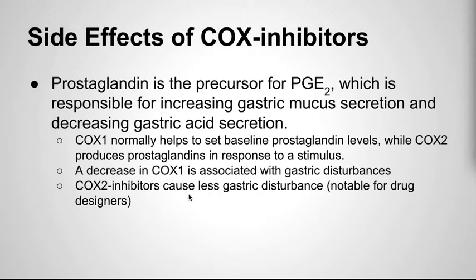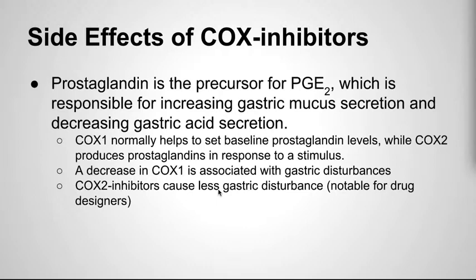So COX-1, you'll remember COX-1, which has the smaller binding site, normally helps to set baseline prostaglandin levels, while COX-2 produces prostaglandins in response to a stimulus. So a decrease in COX-1 is associated with gastric disturbances, and COX-2 inhibitors cause less gastric disturbance.